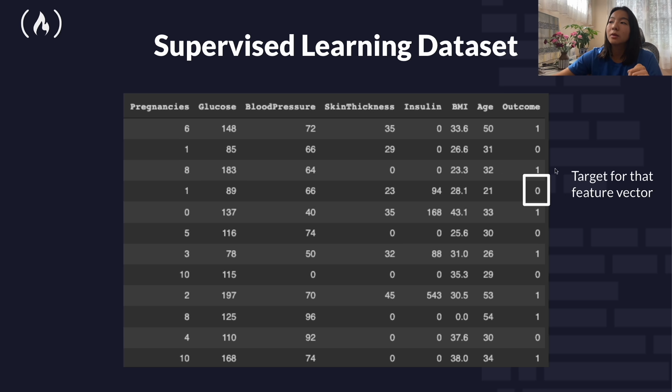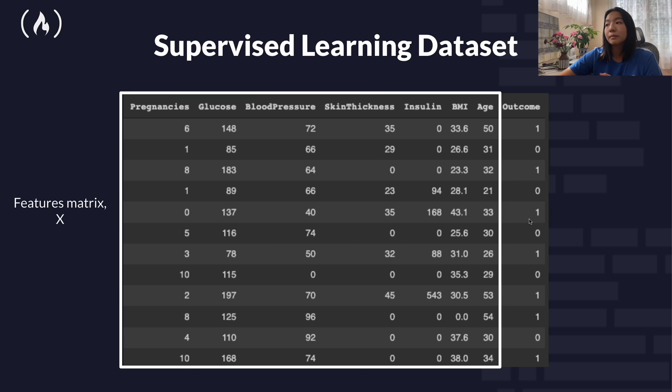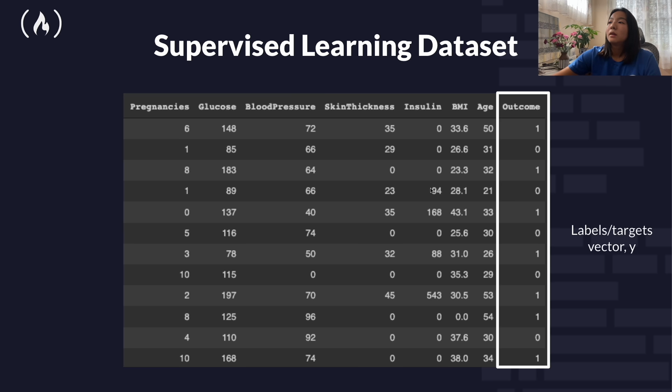And this is what's known as the target, or the output, for that feature vector. That's what we're trying to predict. And all of these together is our features matrix, X. And over here, this is our labels or targets vector, Y.